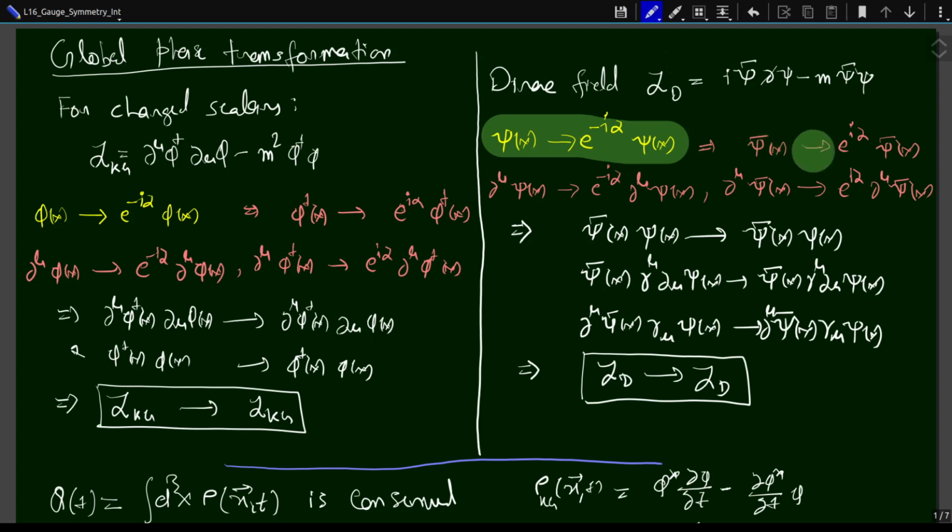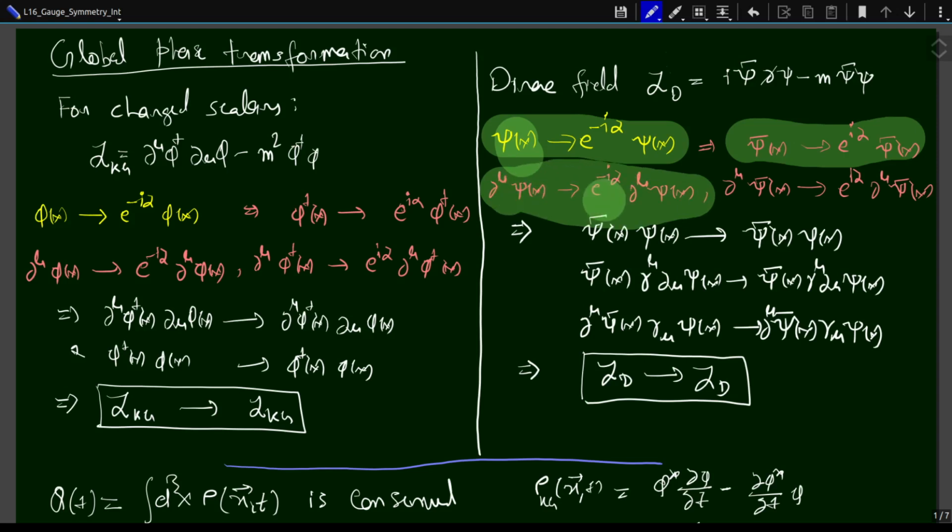So this transformation of exponential I alpha actually happens with the psi dagger, and the difference between psi dagger and psi bar is just a gamma 0 multiplying from the right hand side. For del mu psi, it's the same exponential minus I alpha term, and for del mu of psi bar, because it's the dagger, you get exponential I alpha.